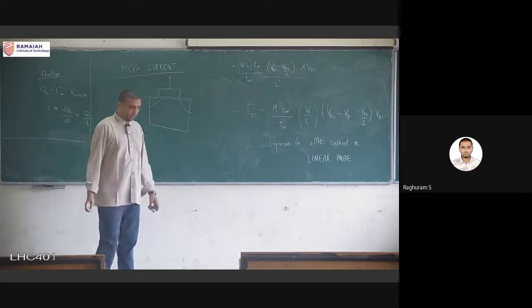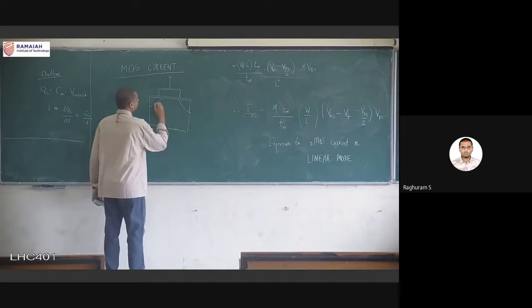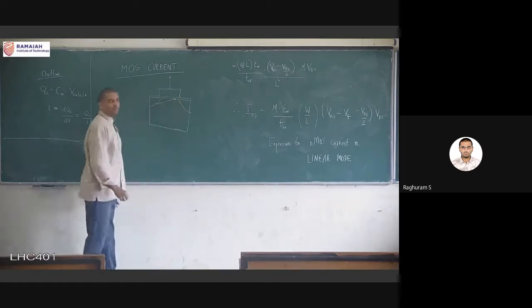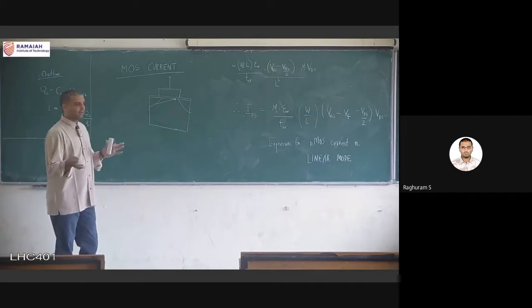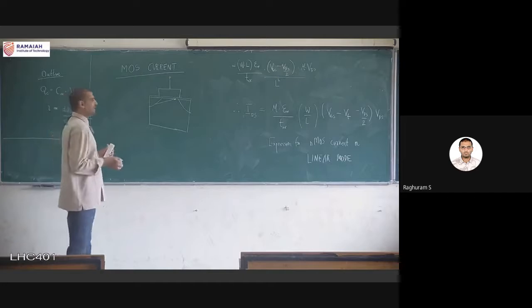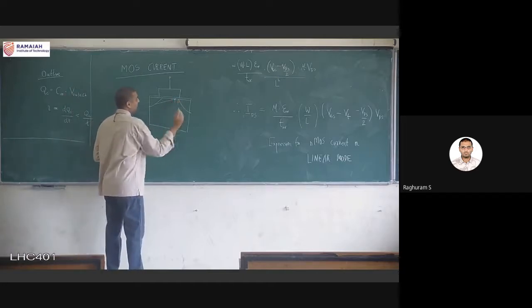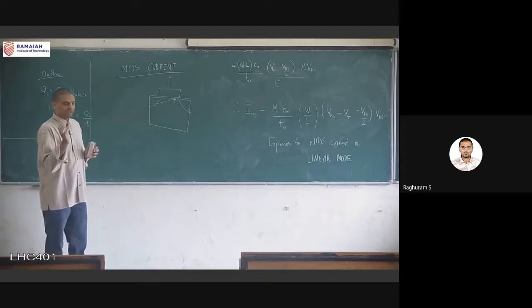What happens in saturation mode? We already know the phenomenon. There is something called pinch off, which means the channel doesn't exist till the drain region. Before the drain region itself, the channel disappears. So this particular region is called the pinched off region.